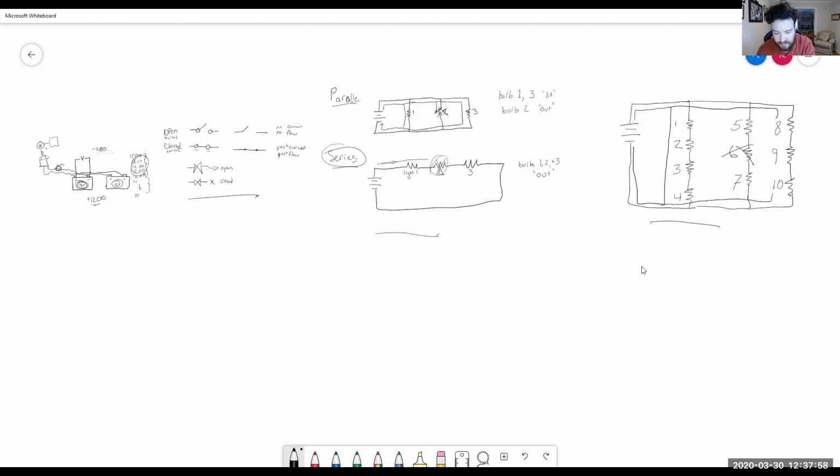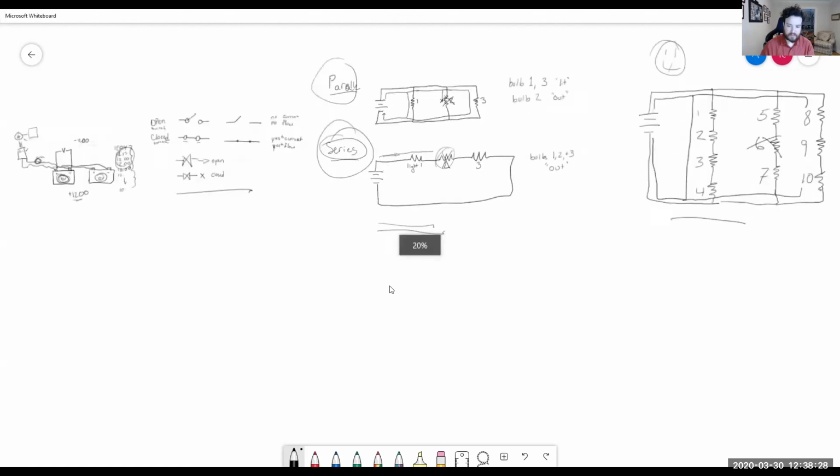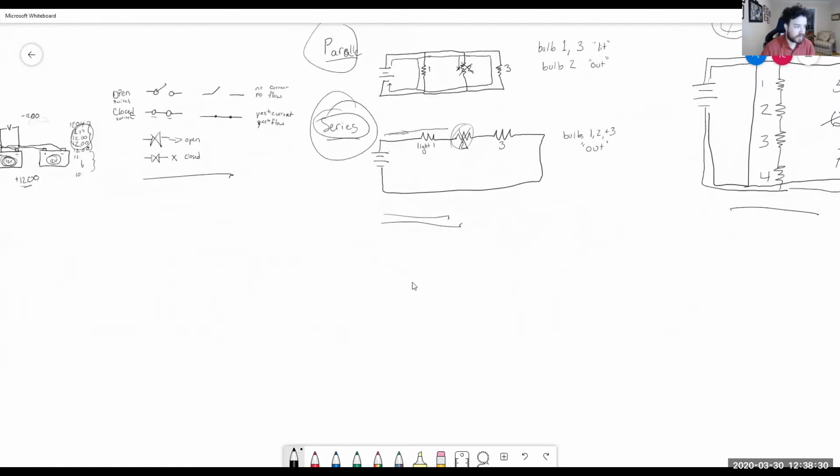It's good to be able to sit there and use this base knowledge of your open and closed circuits, of what's happening between a parallel and a series circuit. And when you start to add things and make it more complicated, like this one, keeping these basic concepts straight in your head will help you in the long run, especially when it comes to electricity.